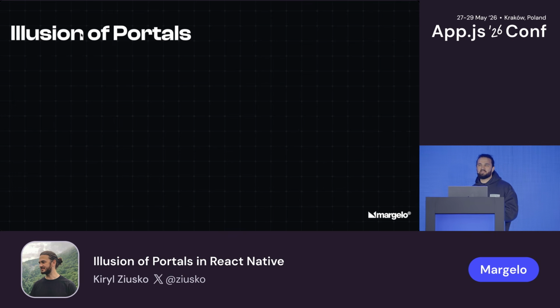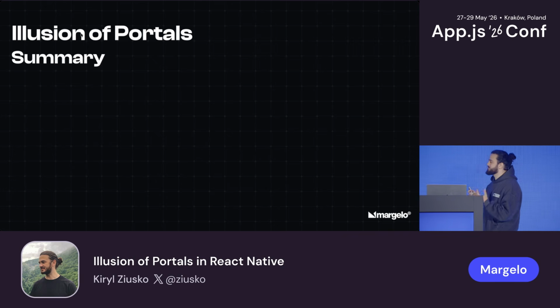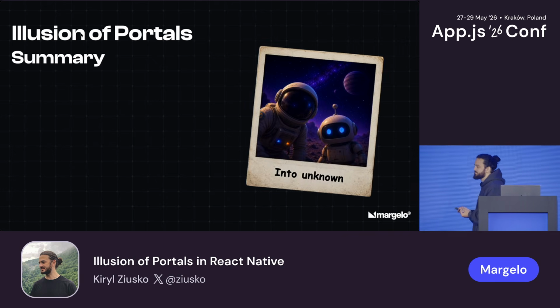And I think that's everything that I wanted to share for today. Let's quickly summarize the main ideas before we wrap up. So, what did we learn today? We started with simple portals. Something that sounds familiar, something many of us already used.